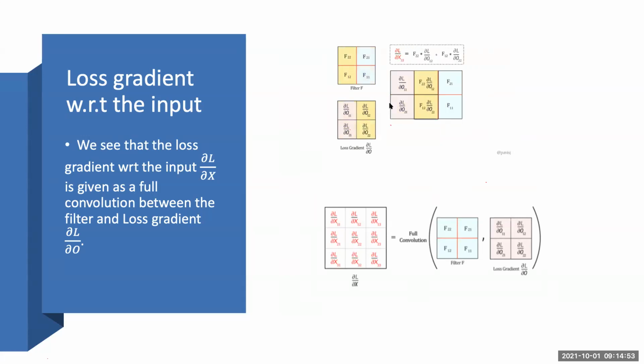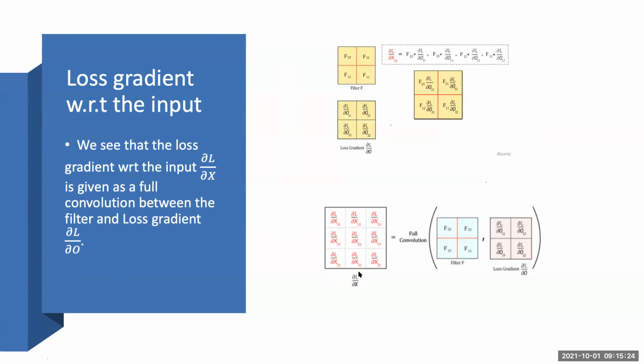I really can't pause this particular animation, but you can take your time to observe the pattern afterwards. You're sliding the matrix of the loss gradient across the filter at different corners and getting the corresponding expansion.